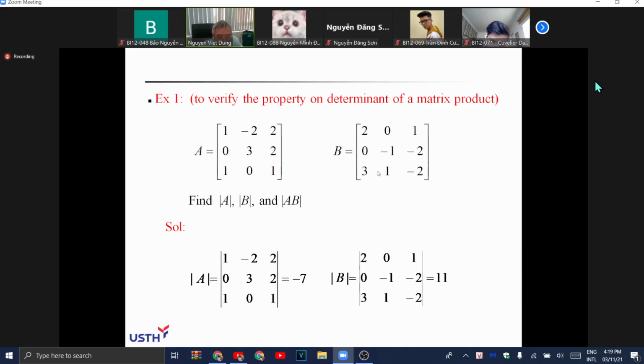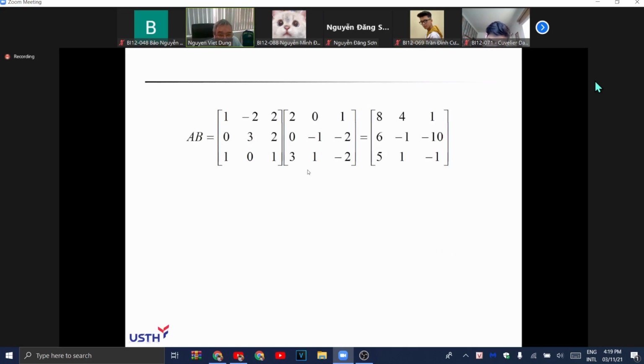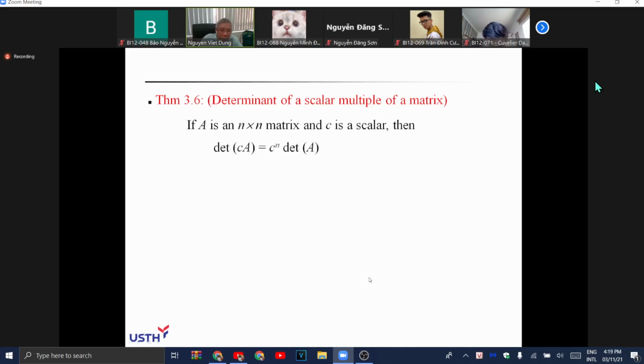And if you multiply A and B, you will get a new matrix here, and that new matrix has determinant minus 77, and it is exactly the product of the determinant of A and the determinant of B, because the determinant of A is minus 7 and the determinant of B is 11. So you multiply them together, you get minus 77.